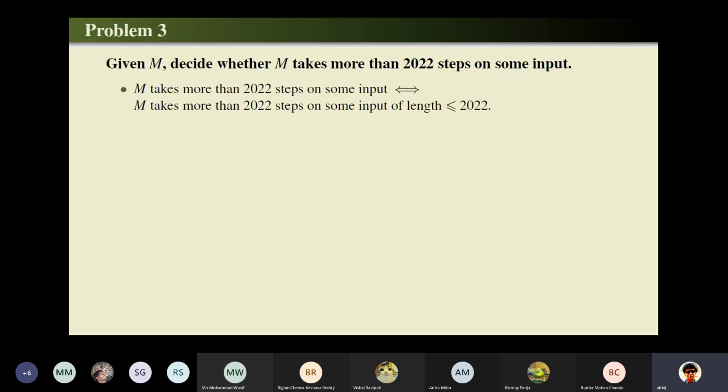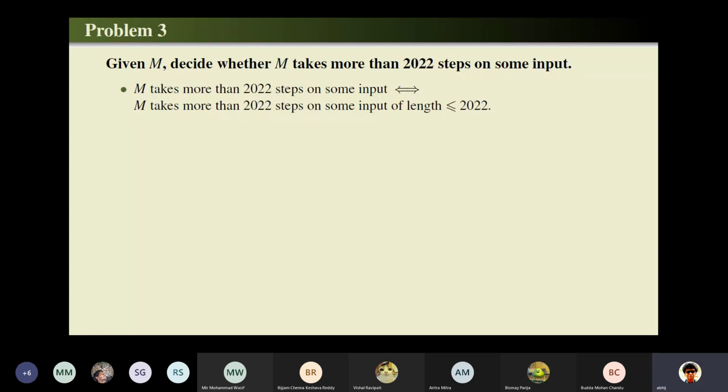So this is the relevant observation: M takes more than 2022 steps on some input if and only if M takes more than 2022 steps on some input of length less than or equal to 2022. For the second part, you see that the search space is finite, and I can make this simulation because every simulation is a finite time simulation. Okay, so the question is why?